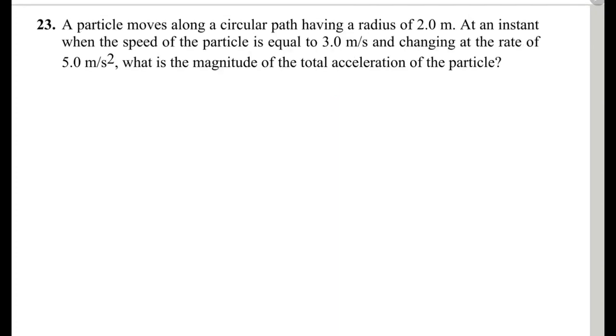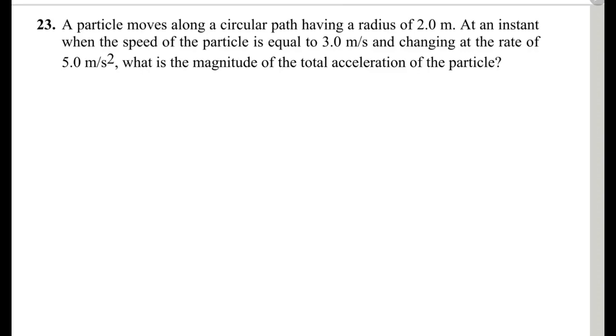A particle moves along a circular path having a radius of 2 meters at an instant when the speed of the particle is 3 meters per second and changing at the rate of 5 meters per second squared. What is the magnitude of the total acceleration of the particle?